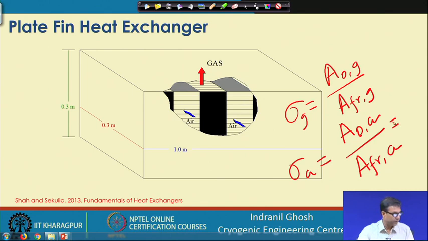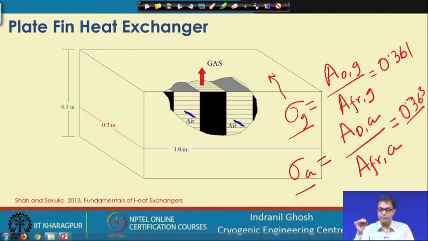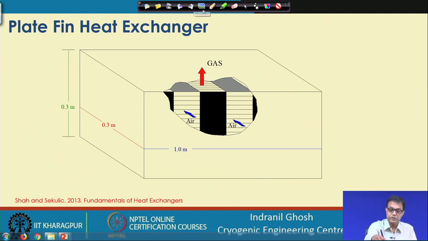So, this will come out to be 0.361 and this will become 0.363. These are the values for sigma, and this sigma becomes useful in terms of the pressure drop correlations and other correlations.